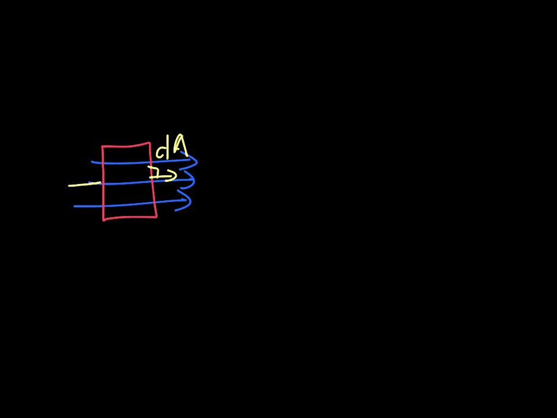So let's get a brief understanding of what this is. If we're looking at this, you've got some electric field permeating space right here. I'm just going to make a rectangle right here. On this side, this would be dA. On this side, this is dA. I'm going to call this side 1, call this side 2. The total flux would be the flux through side 1 plus flux through side 2.